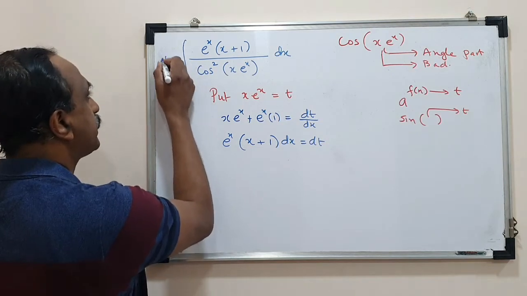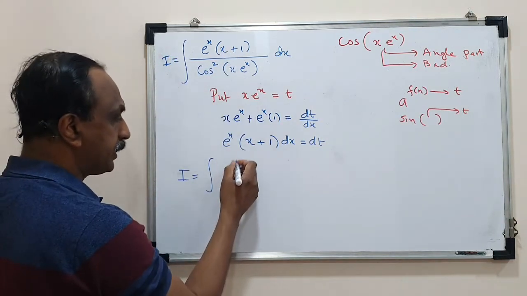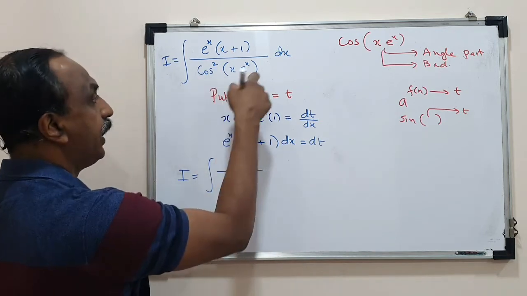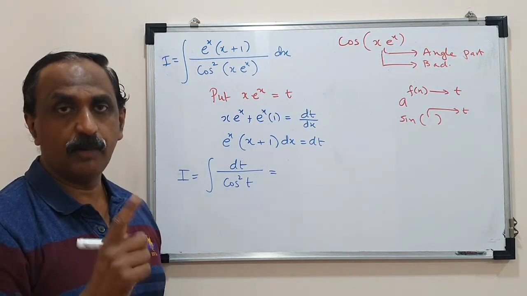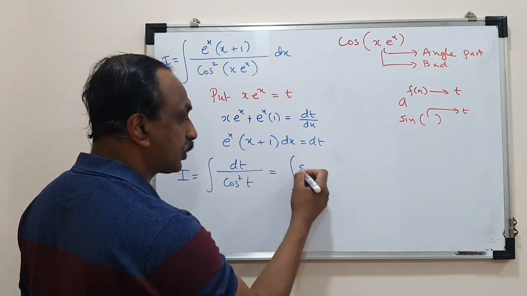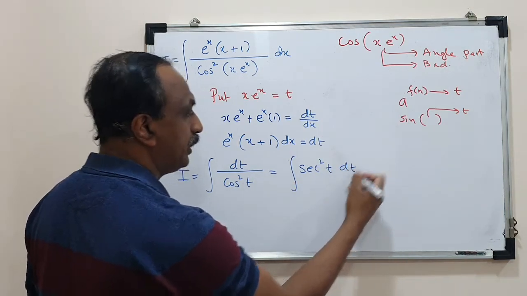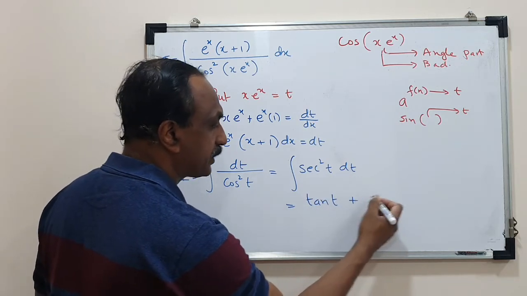So I can write this as I. My new I becomes the integral of dt upon cos square t. How to integrate 1 by cos square? 1 by cos square is integrated as sec square, since 1 upon cos is sec t. So sec square t, whose integral is tan t plus c.